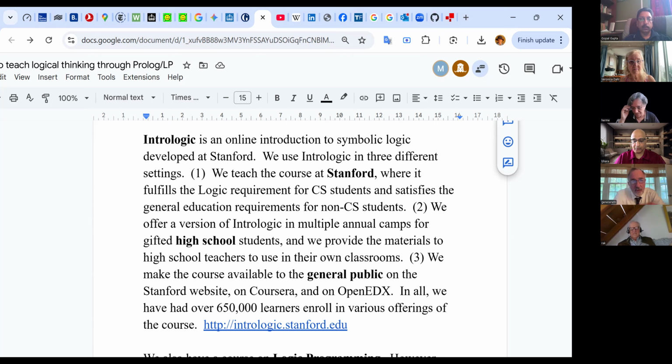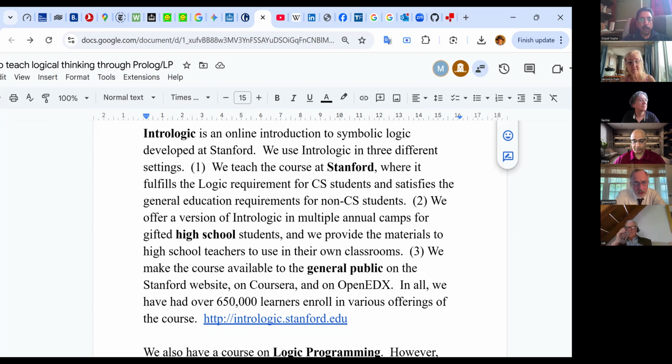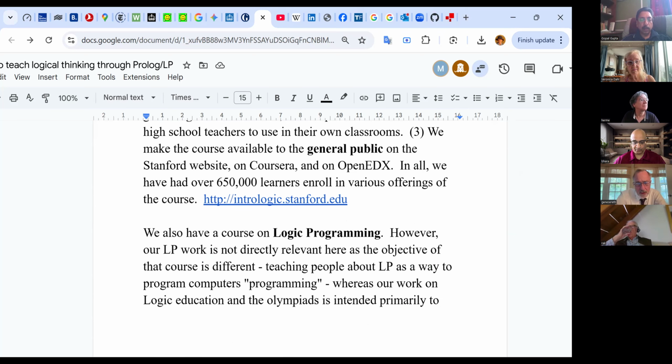They also use a version of Intro Logic in a variety of high school summer camps, usually two or three week intensive camps, some online, some in person. The course is also available on the web from the Stanford site, as well as via Coursera, and originally OpenEdX, but it isn't there at the moment.